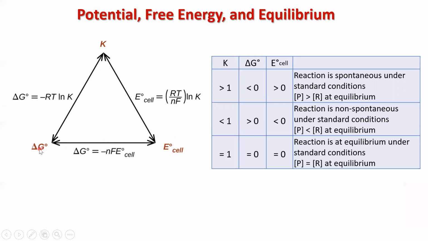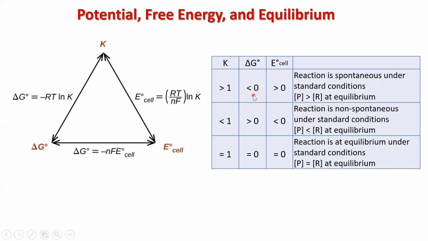So if we want to relate our free energy to E, we've got negative NF times E equals delta G. And if we want to relate E to K, E equals RT over NF times the ln of K. A reaction is spontaneous if K is bigger than 1, so we have more product than reactant.